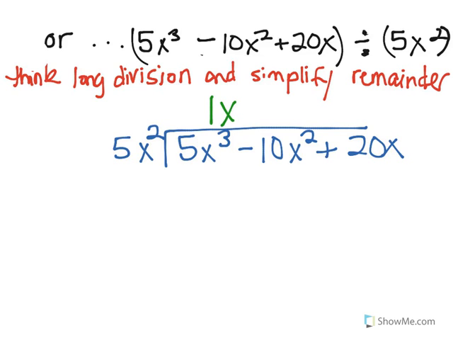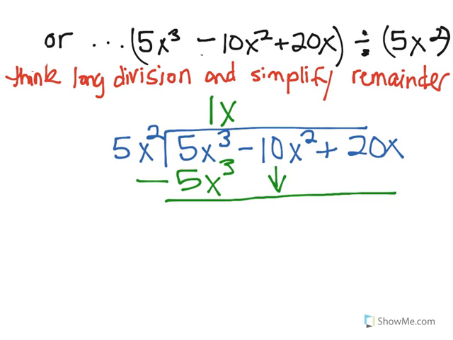So now we multiply our first term of our quotient by the divisor. 1x times 5x squared is 5x cubed. The next step in our process, after we've written that down below the dividend, is to subtract. So 5x cubed minus 5x cubed is 0.